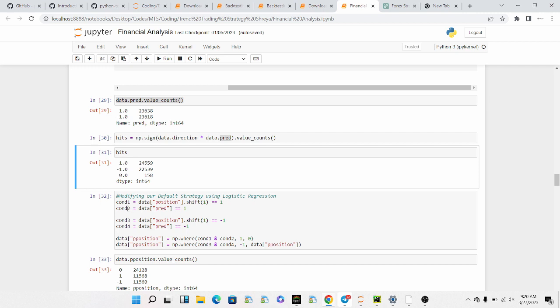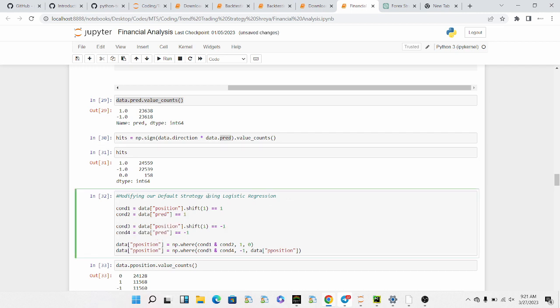Okay, so we also try to modify our default strategy using logistic regression. What we want to do now is look at the data frame, look at our position data frame, and wherever we have a buy position, check if the predicted value was also a buy position.